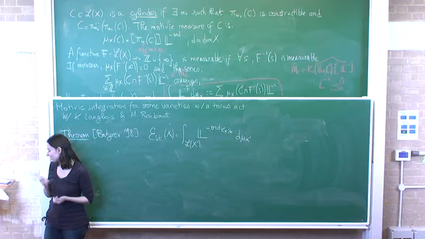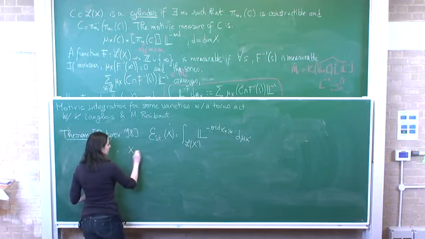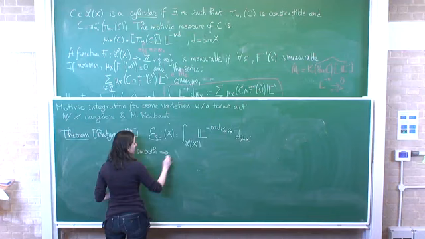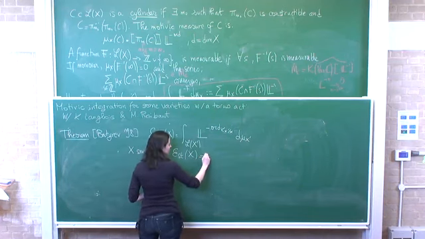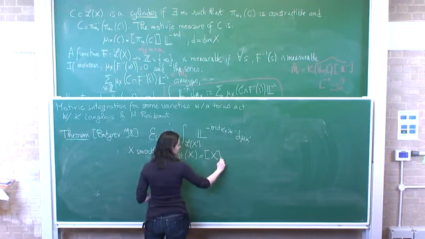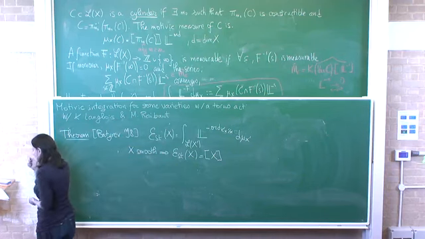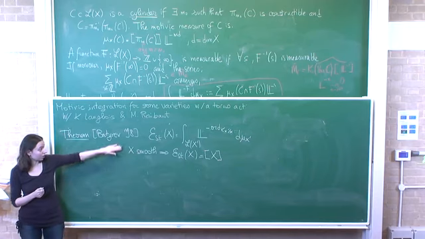And if X is smooth, then this just gives you the class of X. So that's what we'd like to do now for these T varieties. We'd like to use this.